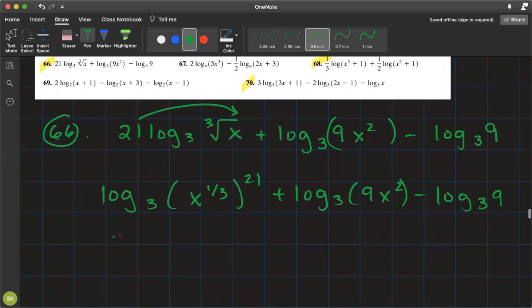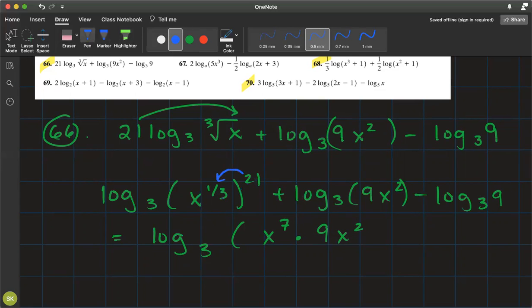This becomes multiplication. So this is log base 3 of x to the 1/3 times 21, sorry, that becomes just x to the 7, because 1/3 of 21 is 7. And then this is multiplied by 9x squared. So again, what I did was I sent this 21 in.